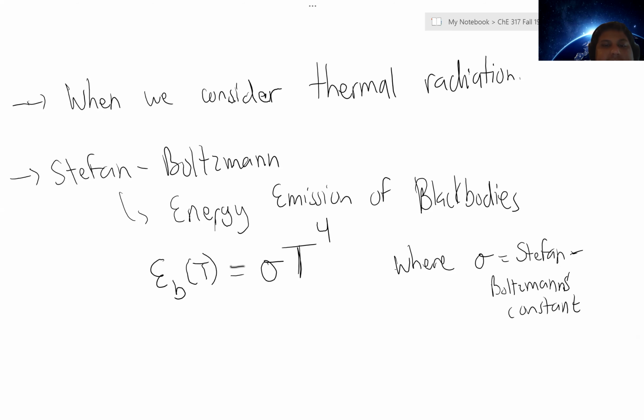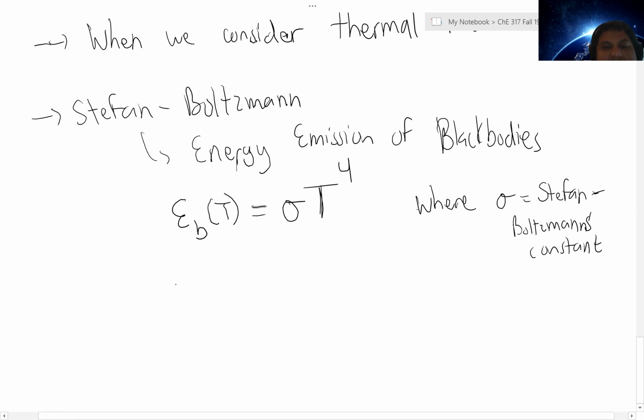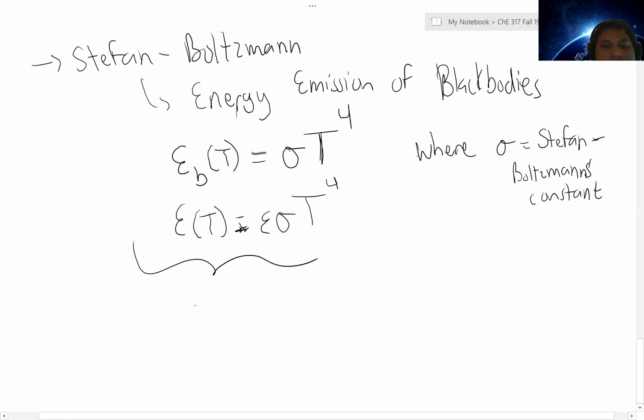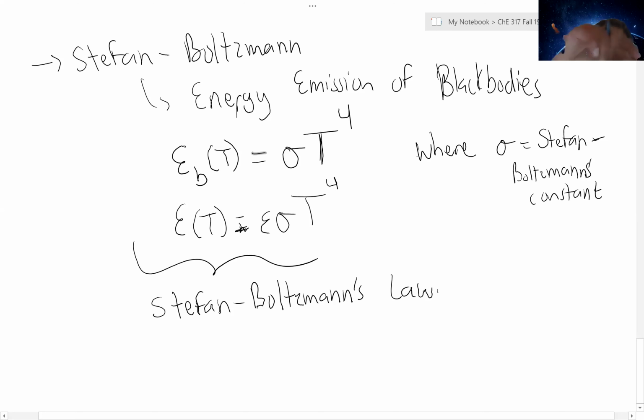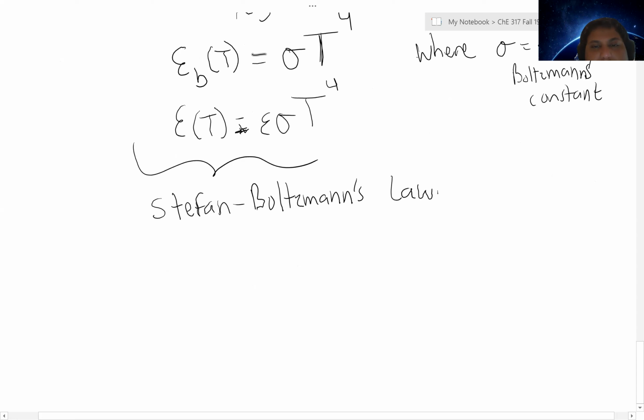And this gave, and we can calculate the energy emission of any object at a known temperature was equal to epsilon times sigma times T to the 4th, where epsilon is emissivity. And this is what we know as the Stefan-Boltzmann Law.